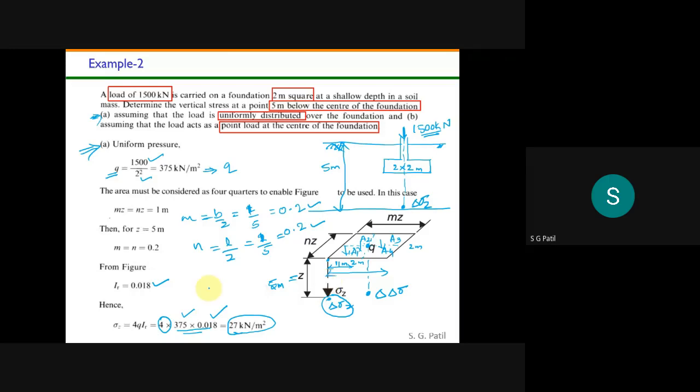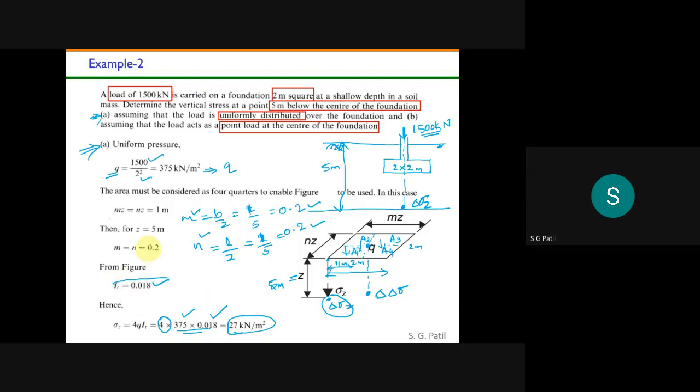Understood? Any doubt here? The only thing you should be able to do is calculate the m and n value. Once you get the m and n value, refer to that chart and you will get the influence factor.